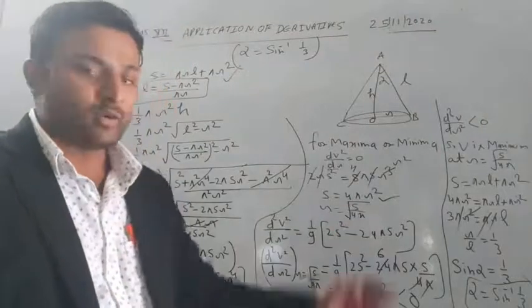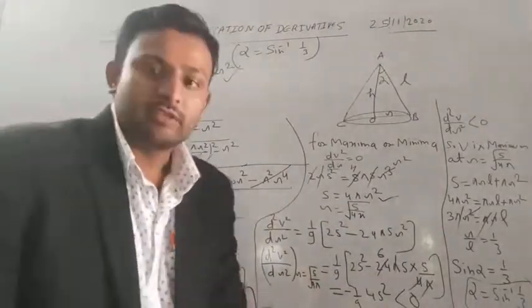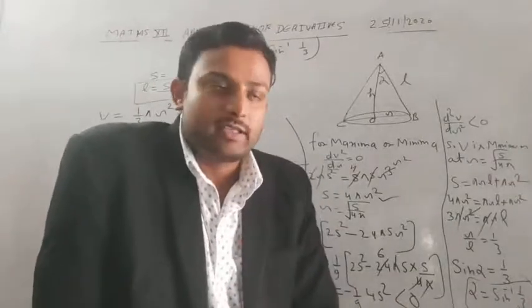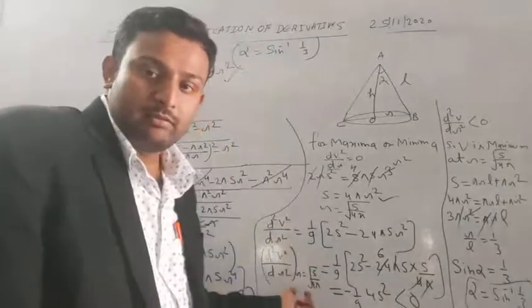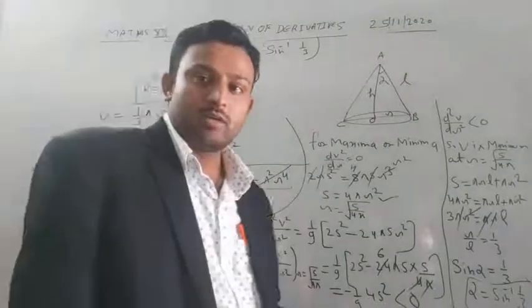Now at this point, this is our critical point, we will check whether it is a maxima or minima. So for this we will find the second derivative, and we will check at this point whether it is negative or positive.